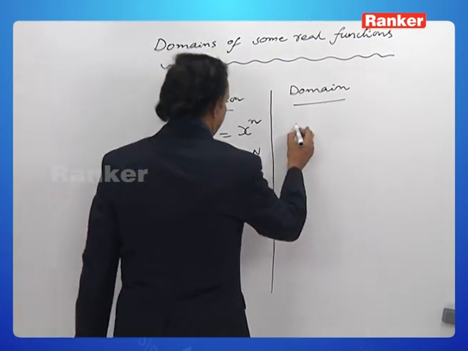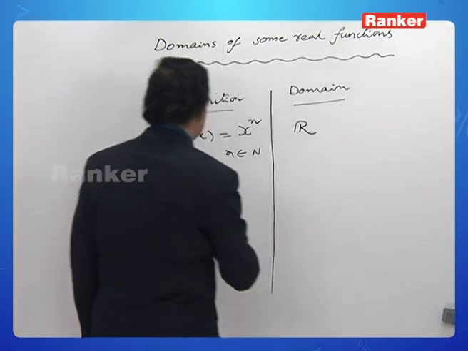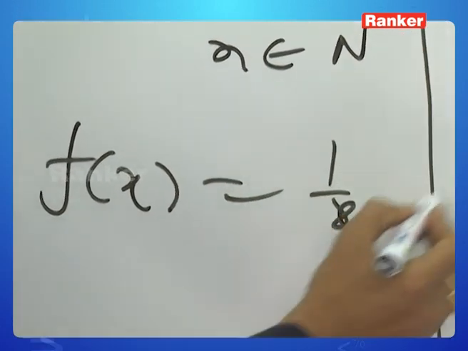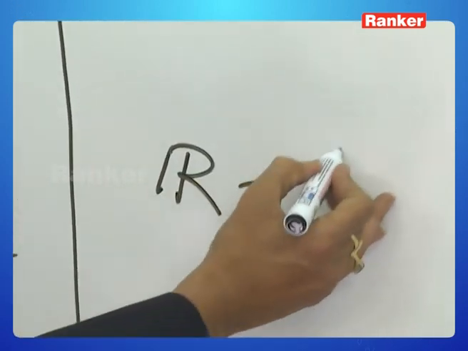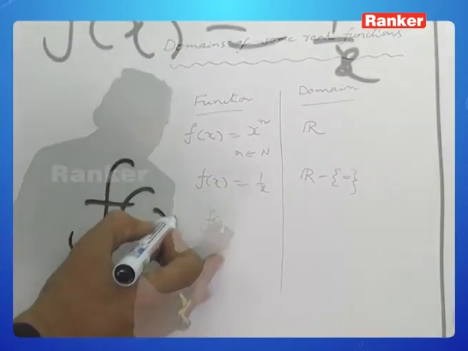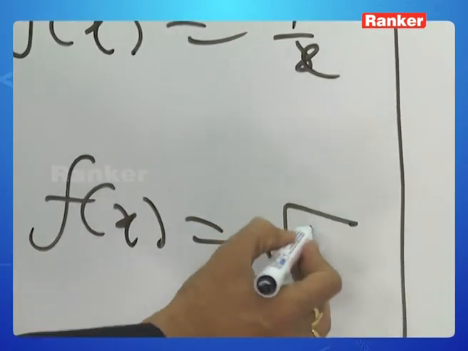Therefore, the domain is real numbers. f of x is equal to 1 by x. Just now we have seen the domain: R minus 0. f of x is equal to root x.